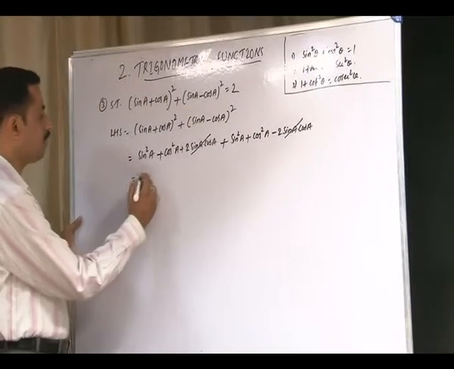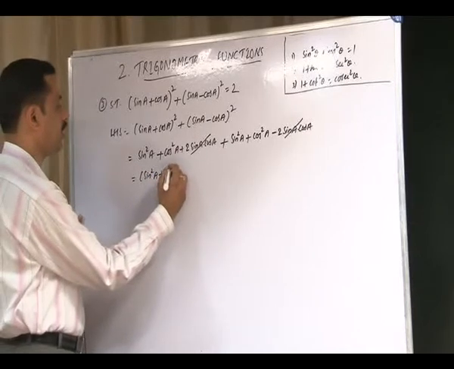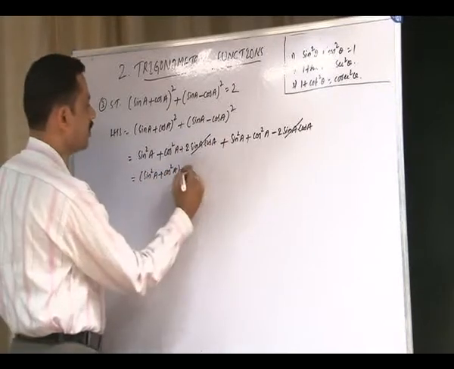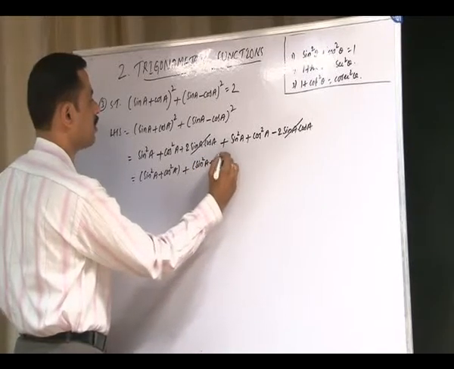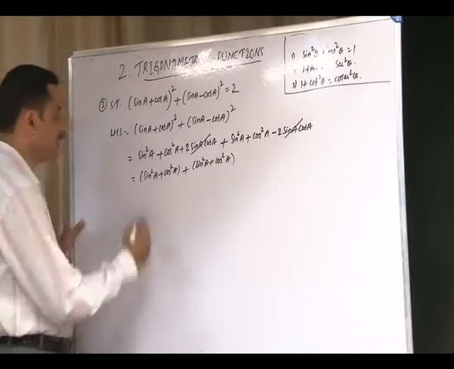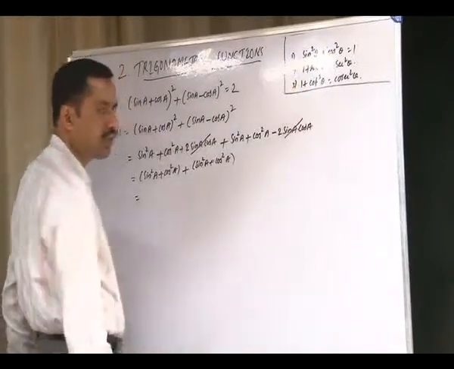So what remains is sin square A plus cos square A plus sin square A plus cos square A. But we know that according to this identity, sin square theta plus cos square theta is equal to 1.